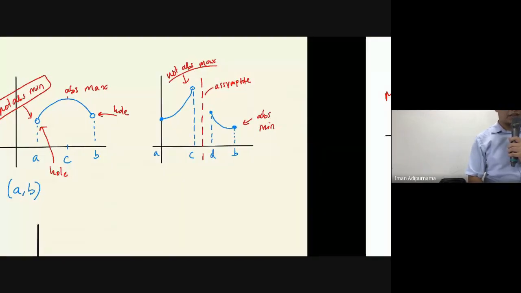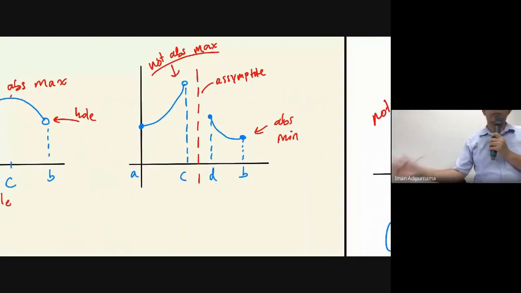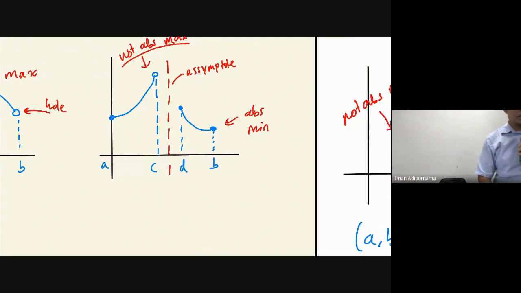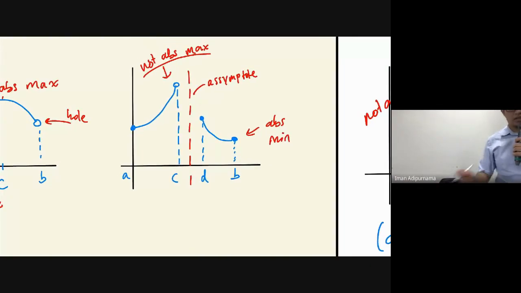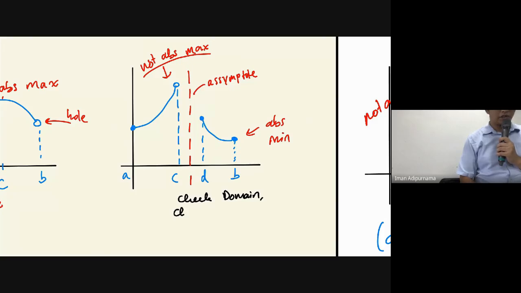And then let's see, if we have an asymptote, we have some hole. So you need to check the domain, and maybe checking the asymptote is also important.